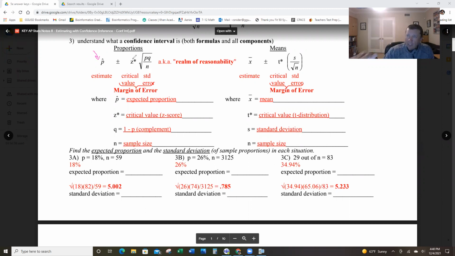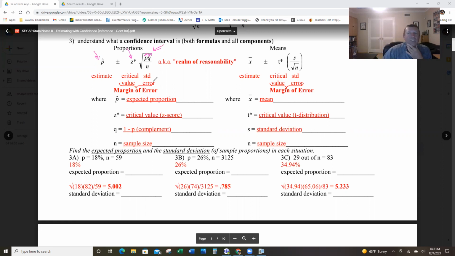It's the bottom page on table B, times p hat times q hat. Remember, that's 1 minus p over n. So this is the standard deviation, and this is how many standard deviations. So if you want 95%, it will be approximately 2 for z star, because you know that 2 standard deviations away will give you about 95% of the curve and make you 95% confident.